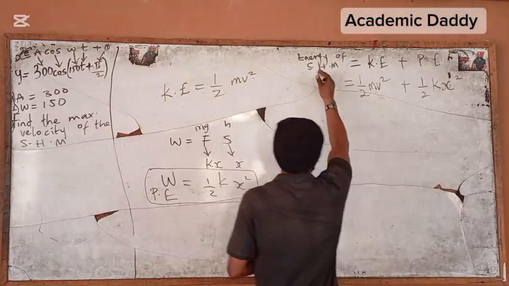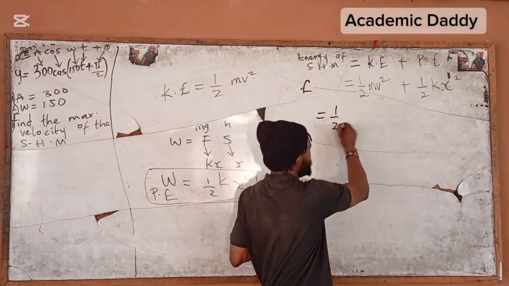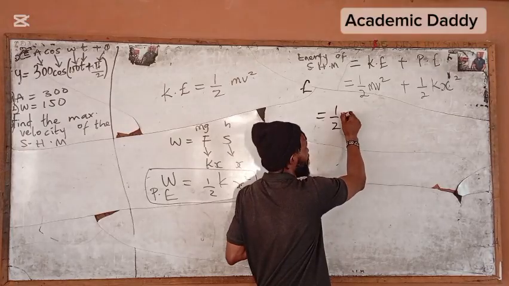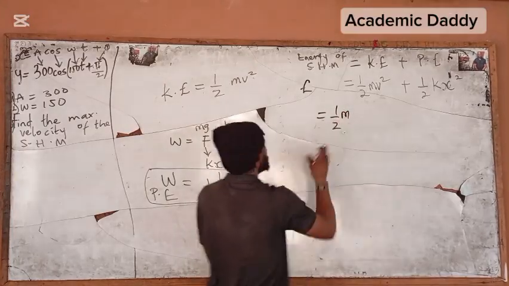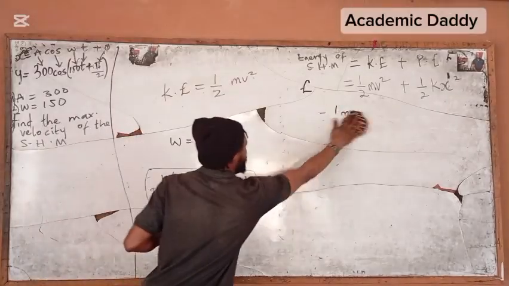So I will have that the energy of the system, let me represent it with E, will be equal to half M, then V is minus A W sine (WT plus phase angle). Let me clean this so that I will have enough space.